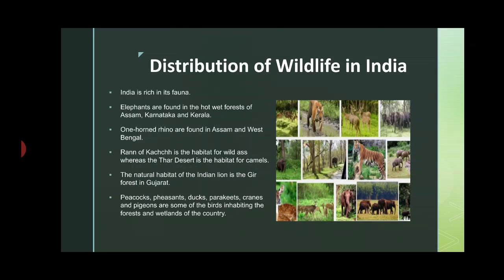The arid areas of the Rann of Kutch and the Thar Desert are the habitat for wild ass and camels respectively. Indian bison, nilgai, chausingha, that means four-horned antelope, gazelle, and different species of deer are some other animals found in India.